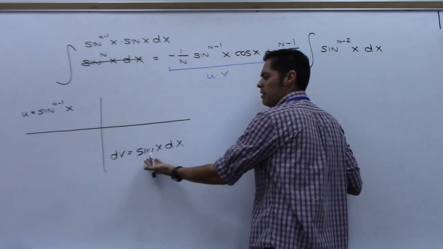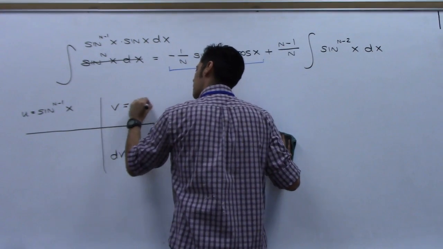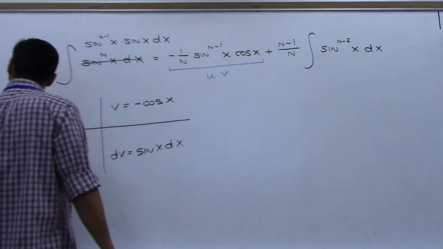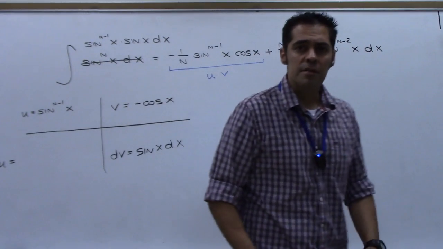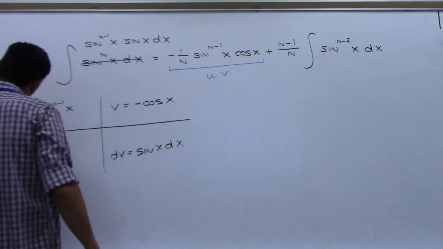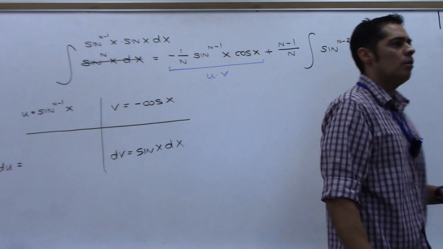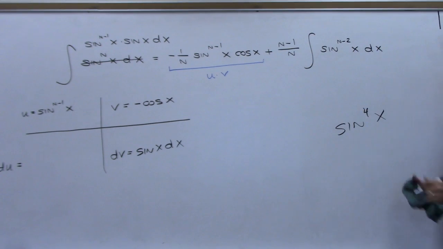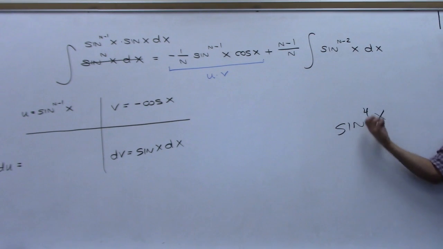What's the antiderivative of sine? Negative cosine x. And then very carefully here, what is the derivative of sine to a power? I'll remind you, if you had sine to the fourth x and I said take the derivative, the first thing you would do is bring the 4 out and then subtract 1 from the power.